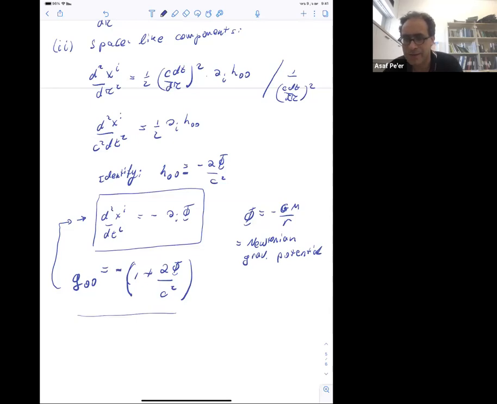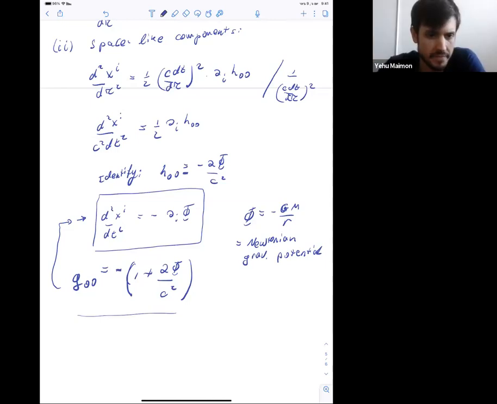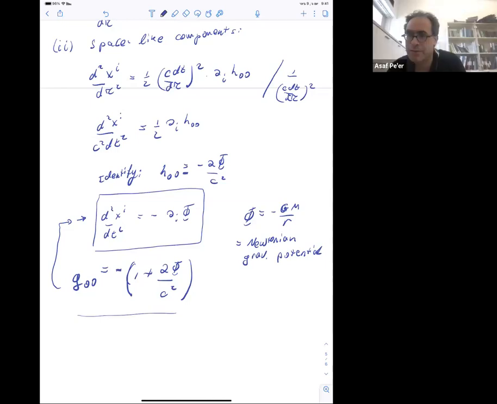Essentially, we'll get to black holes, but right now we're in the Newtonian limit. Okay. Any more questions or comments or concerns of any kind? No?